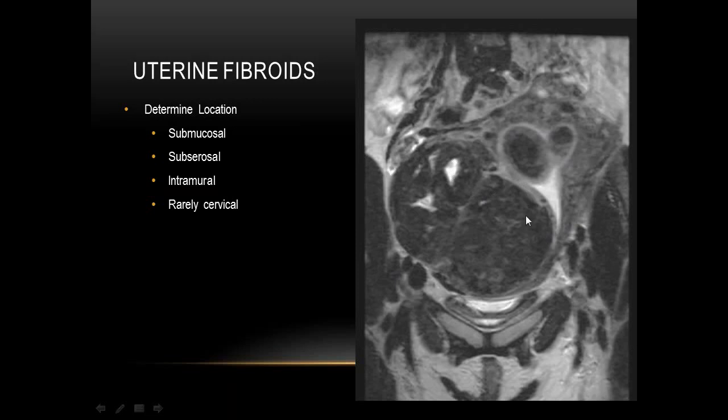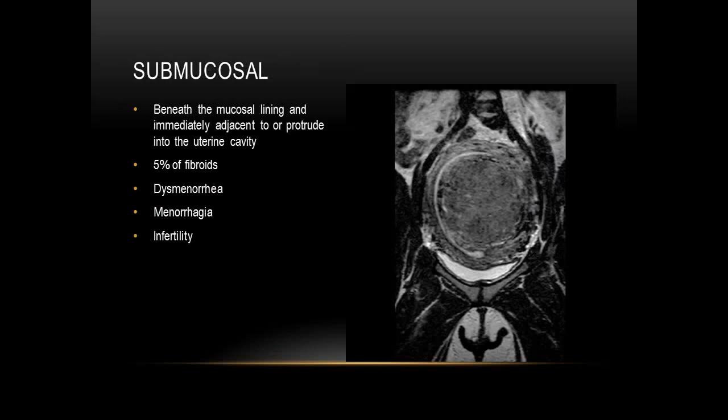Rarely they can be cervical. This is an example of a submucosal leiomyoma. They're beneath the mucosal lining and immediately adjacent to or protrude into the uterine cavity. They're about 5% of fibroids.